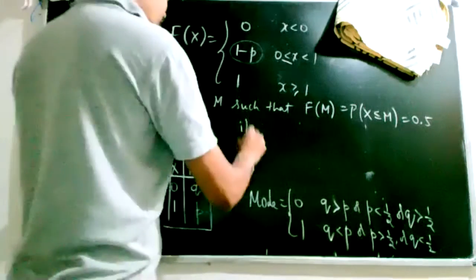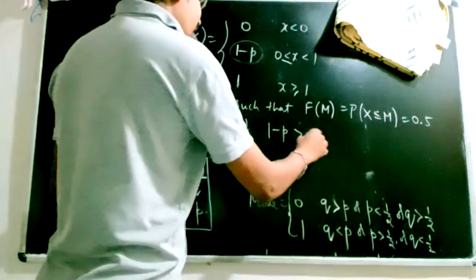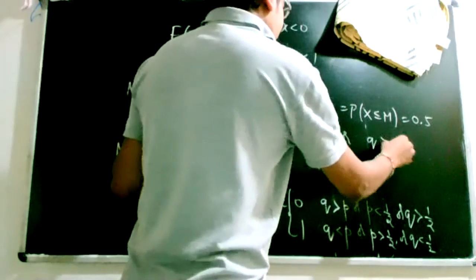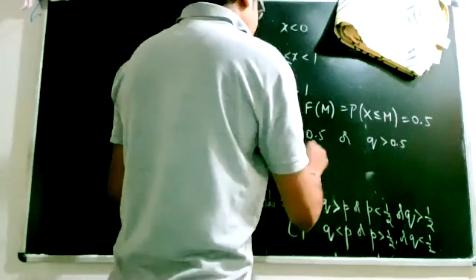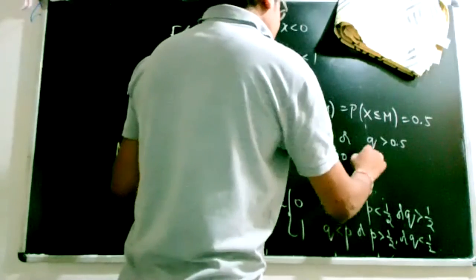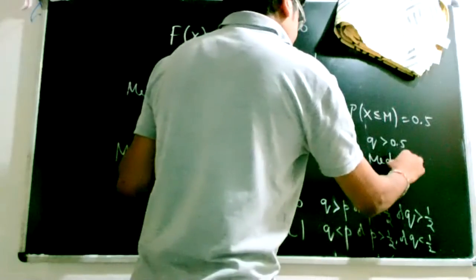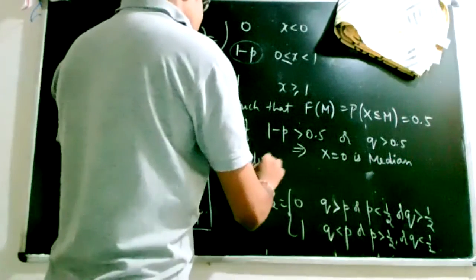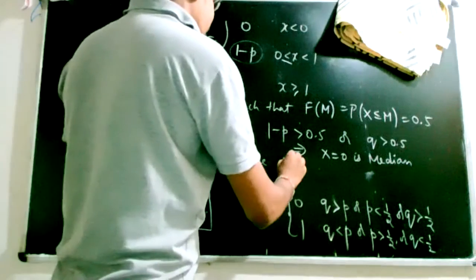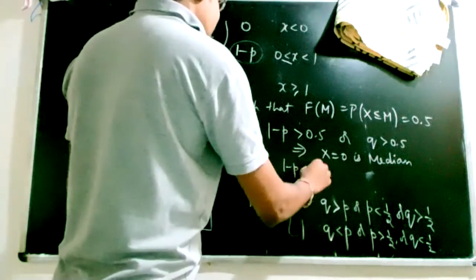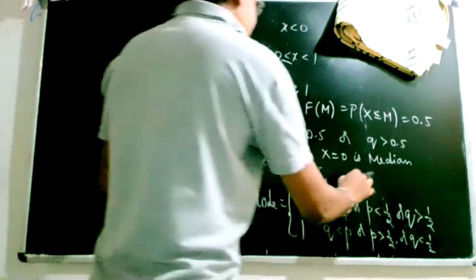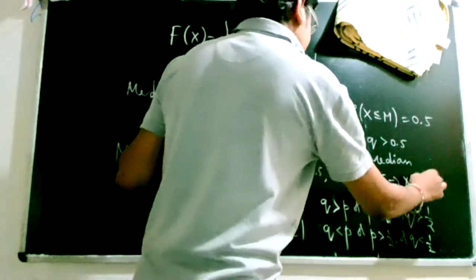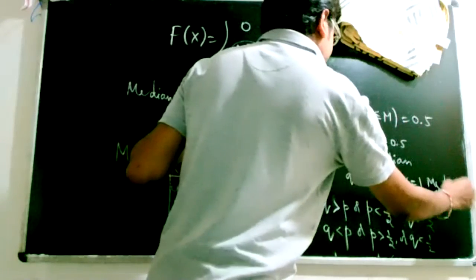So if 1 minus p is greater than 0.5, or q greater than 0.5, then x equals 0 is the median. The other case is 1 minus p less than 0.5, or q less than 0.5. In that case, x equal to 1 is the value of median.